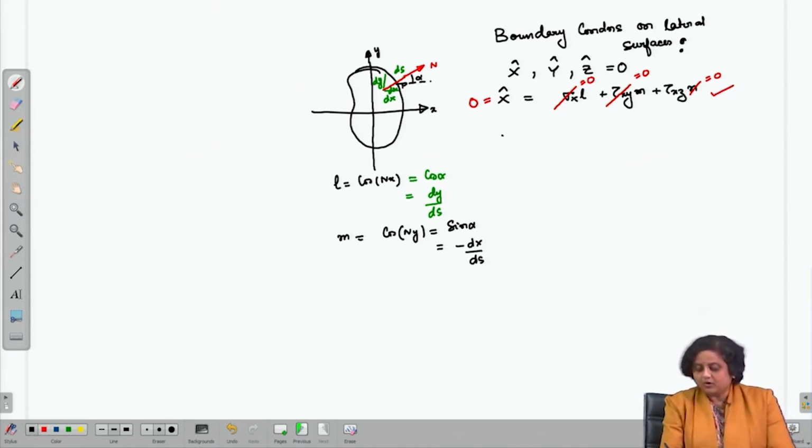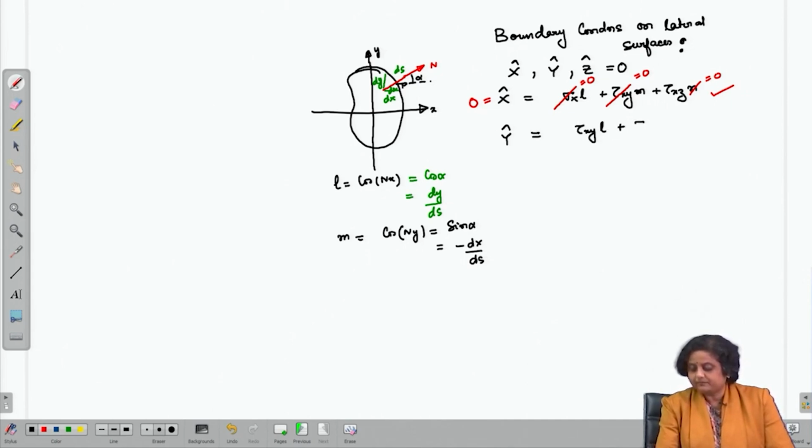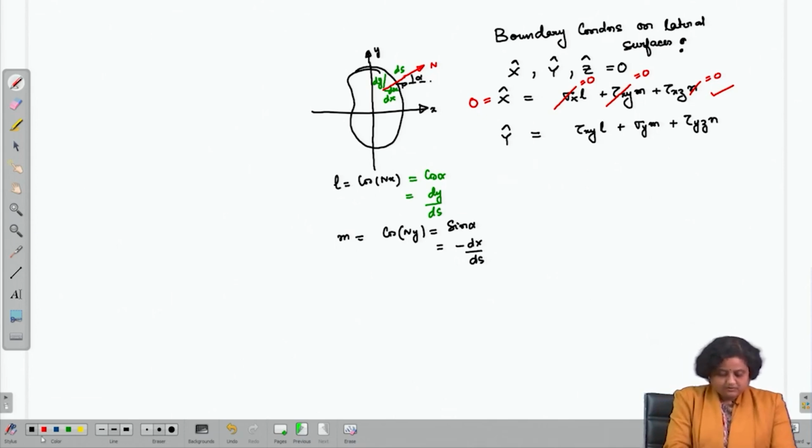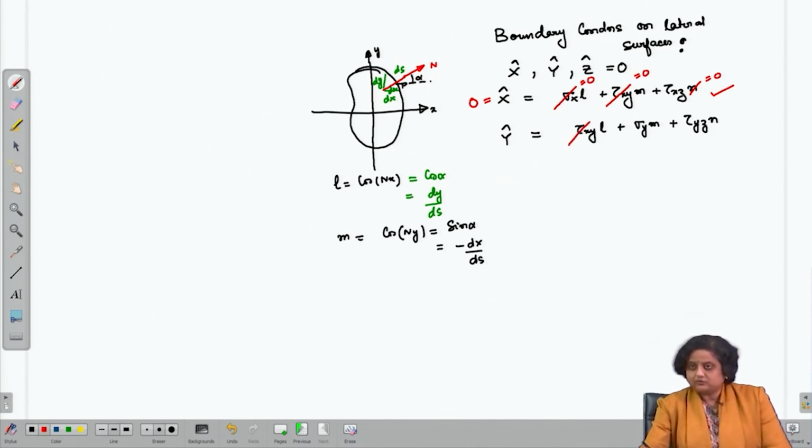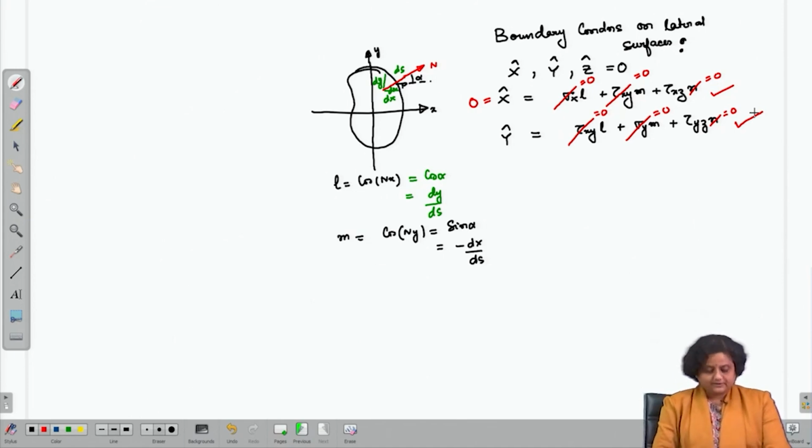Now, let us move on to the next boundary condition, which is y hat. Tau xy is anyhow equal to 0, sigma y is equal to 0 and n is equal to 0. So, this equation has been satisfied.